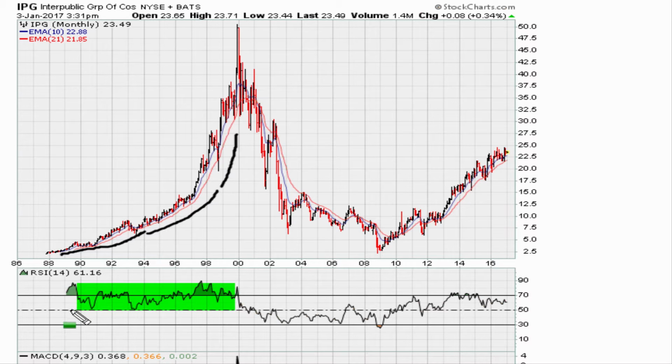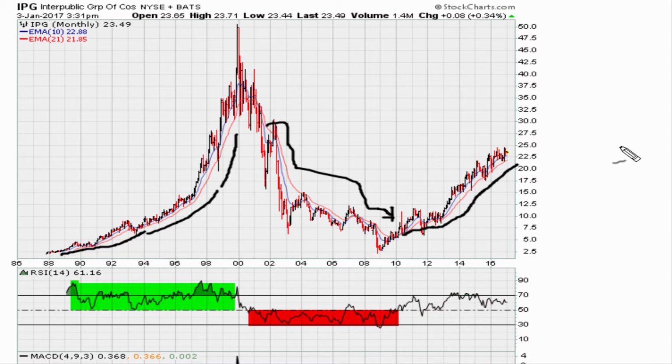RSI was holding above 50, and then in the periods where the stock was seeing this huge drop over a period of many years, that corresponds with the RSI trading below 50 on the monthly RSI. So this period here, and then we have a recovery phase from 2010, generally an uptick, and that corresponds with the RSI reclaiming the level back above RSI 50, as you can see.